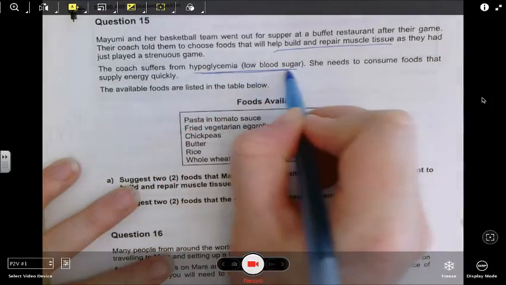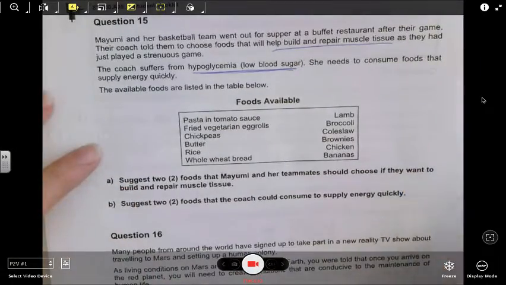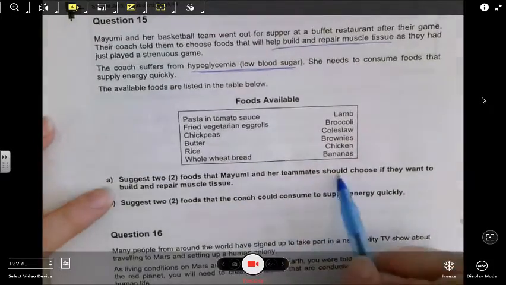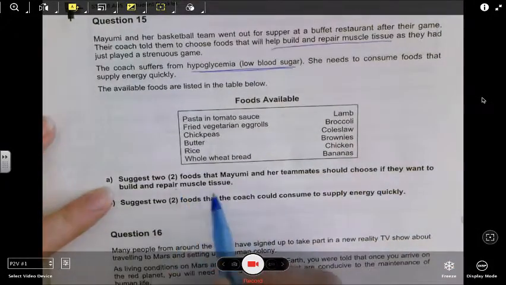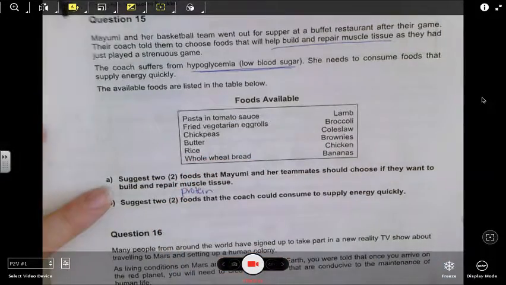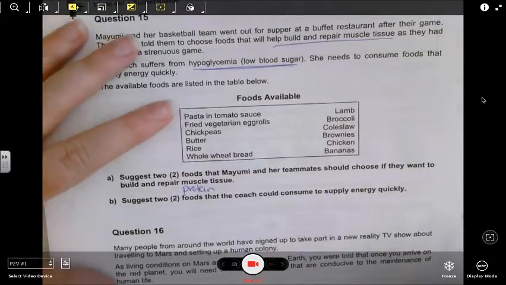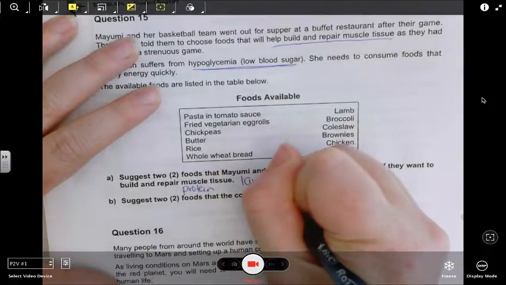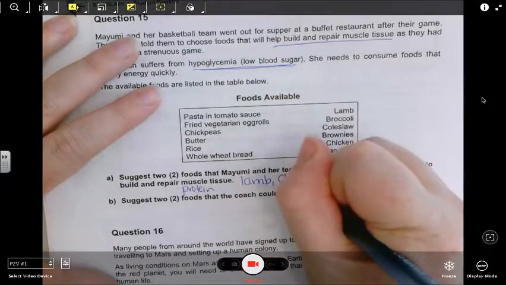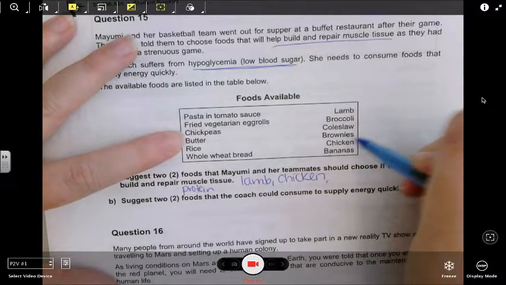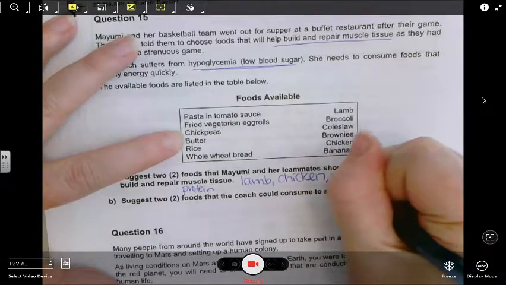So the first part says, suggest two foods that Mayumi and her teammates should choose if they want to build and repair muscle tissue. So for this one, since we're looking at muscle tissue, we should be looking for protein. So you're going to choose foods that have protein. That would be mostly the meats that are in here. So you could have put lamb, you could put chicken, you could put chickpeas because that is a legume, which we said was a supplement for meats.